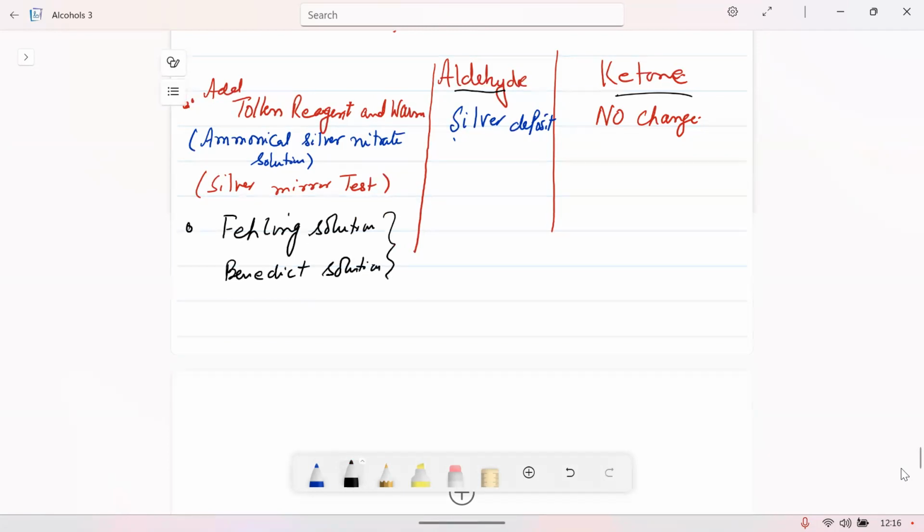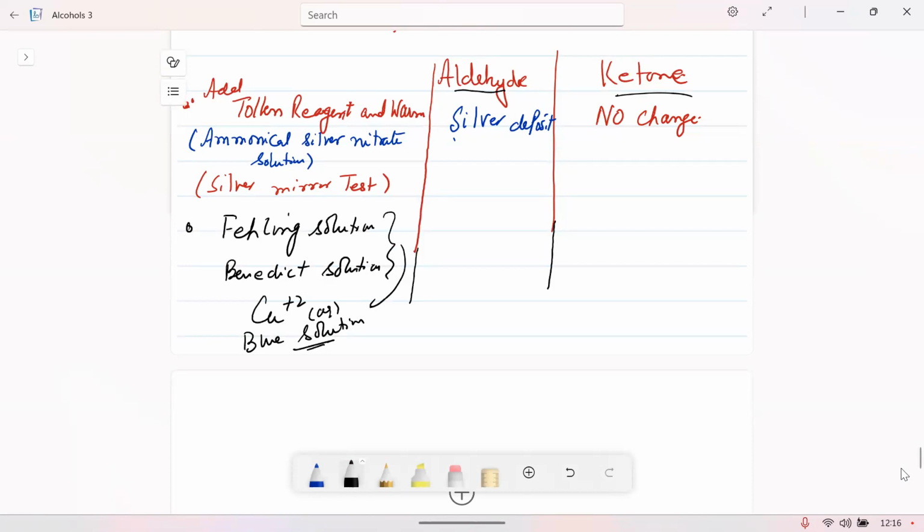In both of them, you have copper ions. The copper ion is complexed with citrate and tartrate ions, but as I said, we don't need them right now. This is a blue solution because of the copper. The Fehling and the Benedict are blue solutions. We don't need to know what it is complexed to, even at A2 level, that is just for understanding.